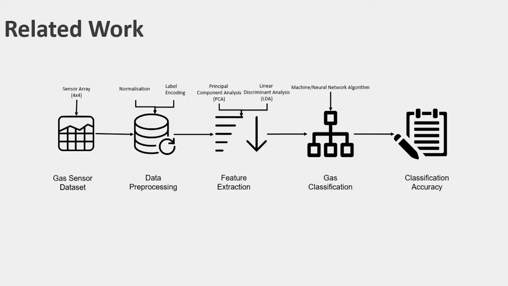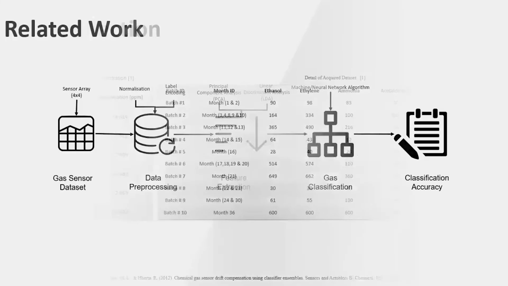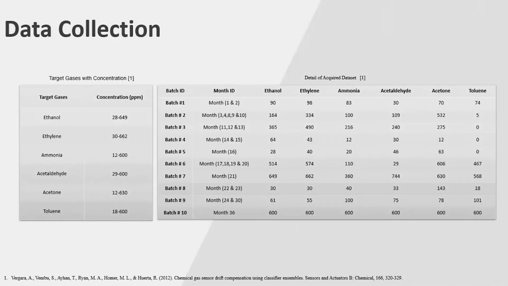And then comes the gas classification on the concerned data sets. They use machine learning and neural networks, which I am going to present in my next slides, and then perform the classification. So this is basically the data set on the UCI repository, collected in 2014 in a laboratory, where 6 different gases are targeted with different concentration levels, and these months are categorized into batches.